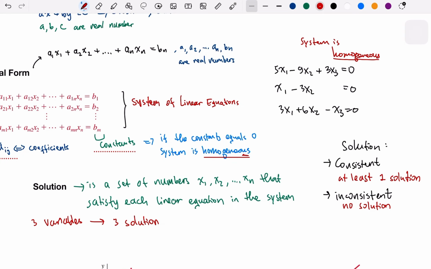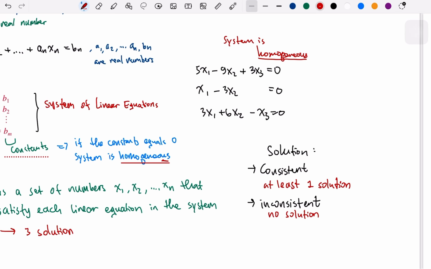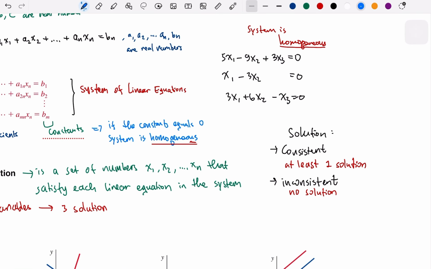For the consistent case, it can be a unique solution, perfectly one solution, or it can be infinitely many solutions.